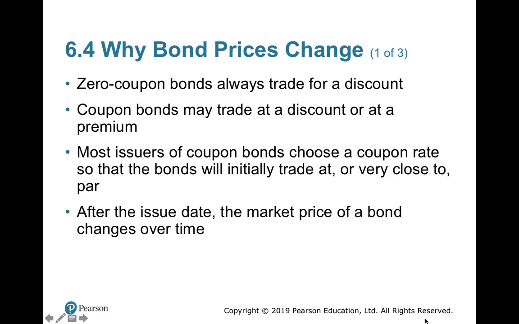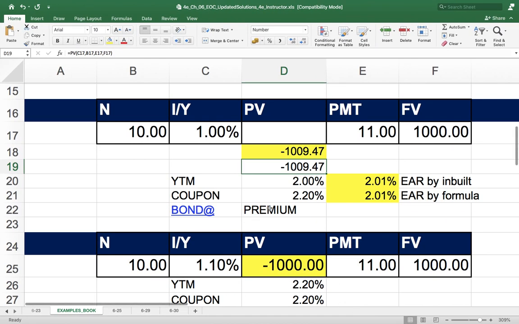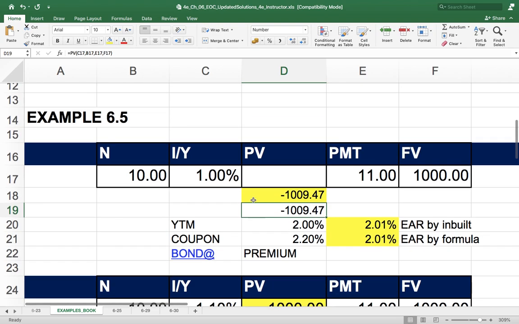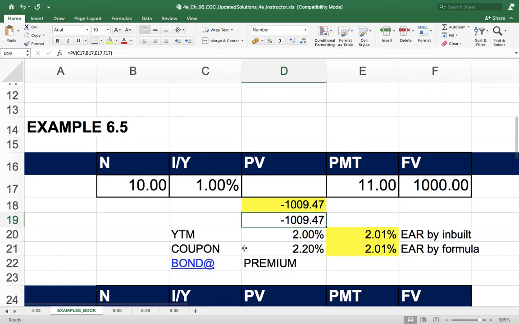Coupon bonds may trade at a discount or at a premium. It depends. We have seen in the previous video, and I have shown you in the spreadsheet, that it will be a premium if the bond YTM is lesser than the coupon.